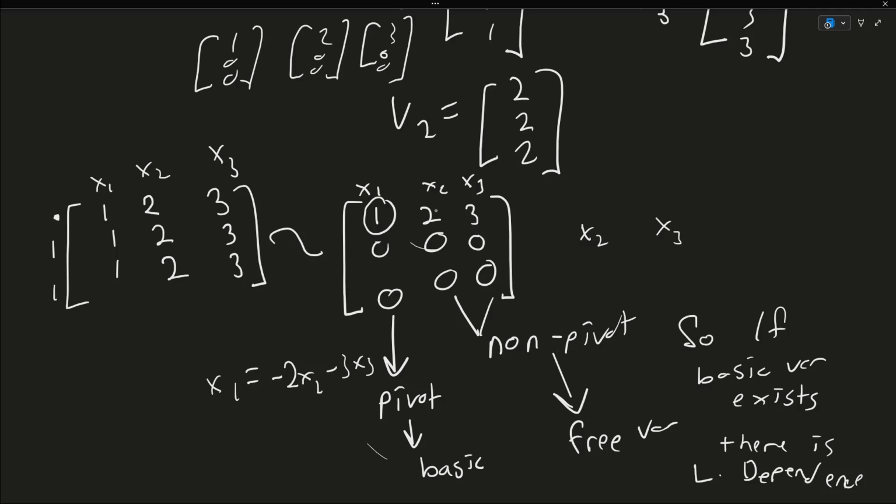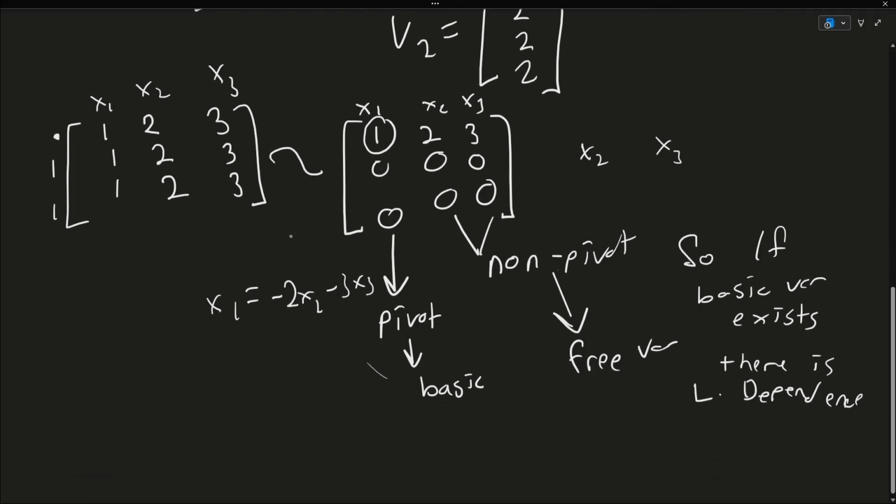So these constant numbers actually represent your constant multiplication of the basic variable to get these vectors. So it's also helping you understand linear dependence on top of the relationship between these vectors.